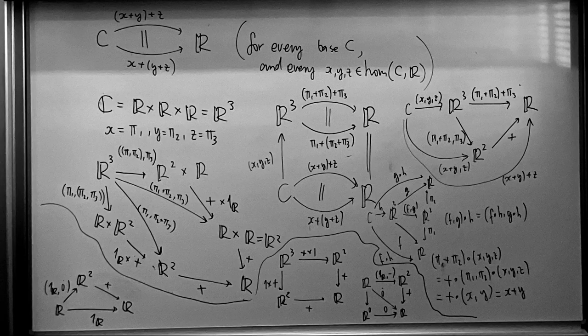So what is going to be pi1 plus pi2 composed with XYZ? Well, recall that this morphism, pi1 plus pi2, is plus composed with pi1, pi2, and then we have the third one also, right?